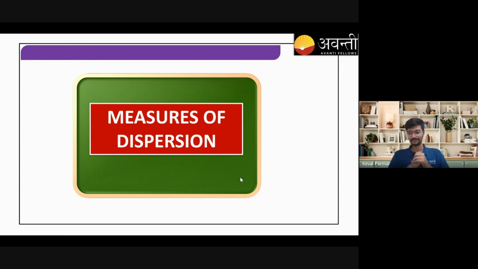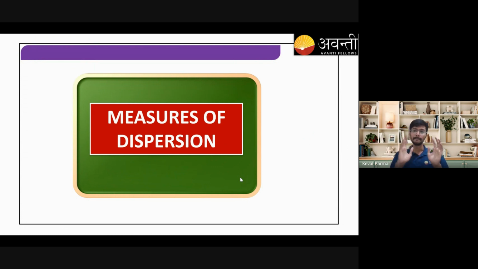In the last class, we covered the 10th standard revision part, that is measures of central tendency, which is mean, median, and mode. As we discussed last time, when data is given, it is not enough to only calculate the measures of central tendency.